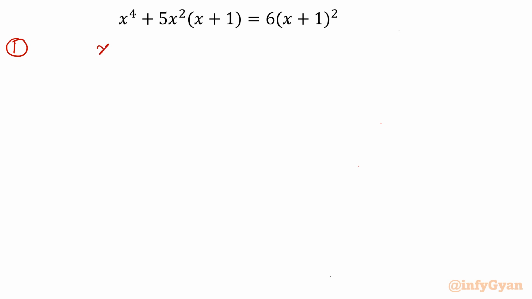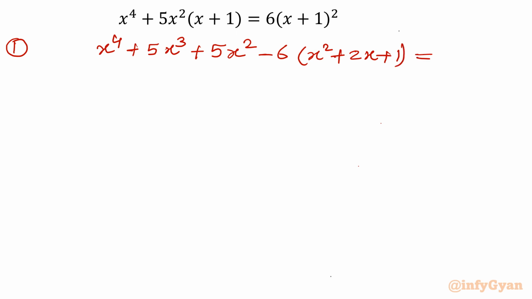Let me expand both sides. x power 4 plus 5x cube plus 5x square minus 6 times (x square plus 2x plus 1) equal to 0.